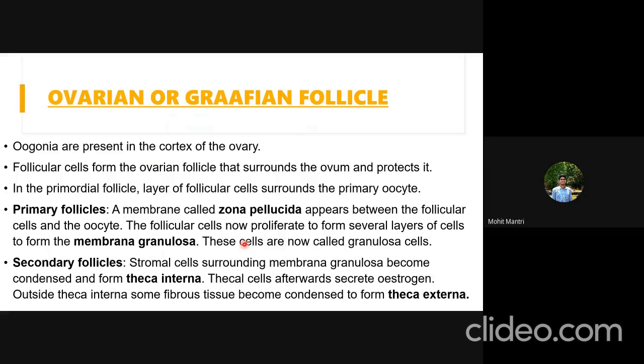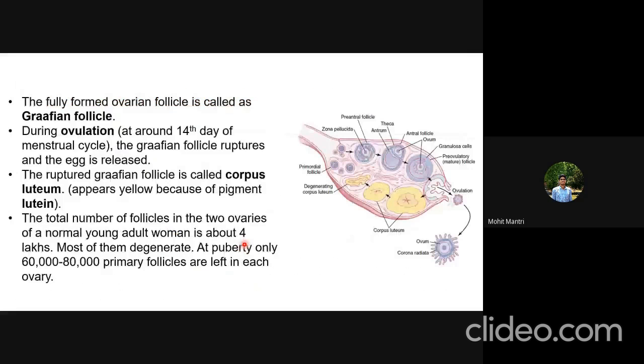So initially 6 to 12 primary follicles were undergoing growth to secondary and tertiary follicles, but only one of them every month will finally become mature, and all the other follicles will undergo atresia, that is, they will degenerate. This mature follicle is called the Graafian follicle. So the fully formed ovarian follicle is known as the Graafian follicle.